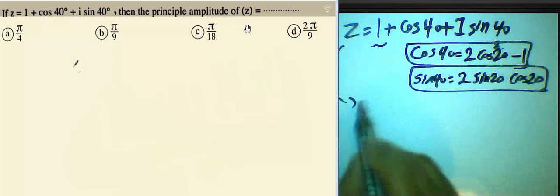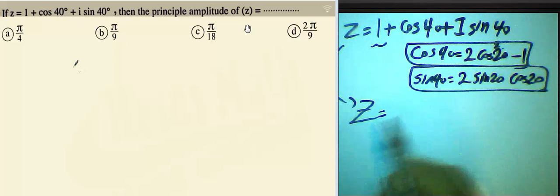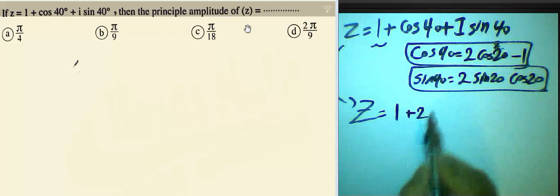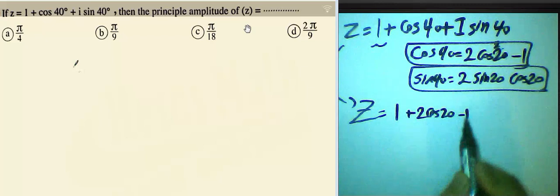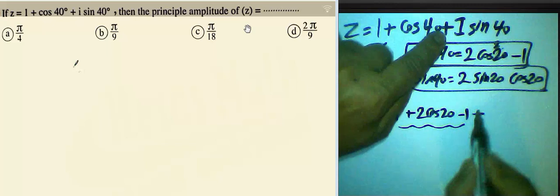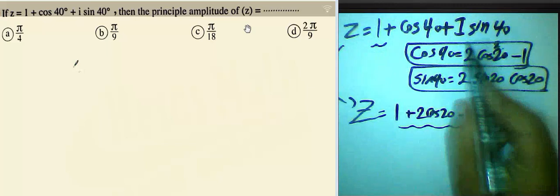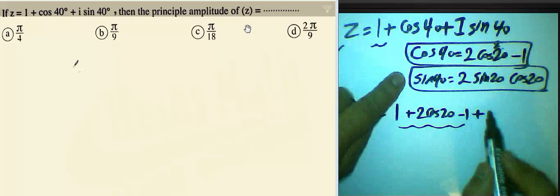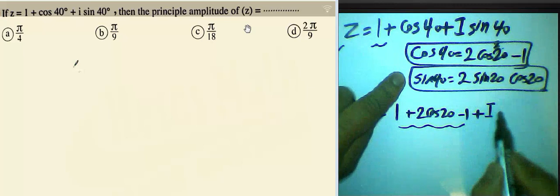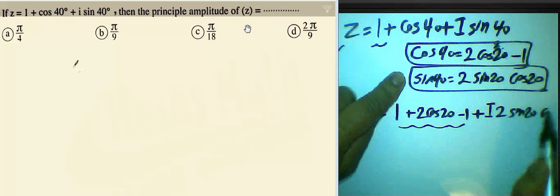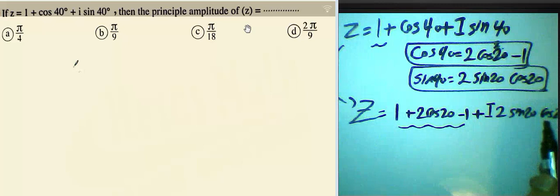So we can simplify: z equals 1 plus cosine 40, where cosine 40 equals 2 cosine power 2 of 20 minus 1, plus i multiplied by sine 40, which equals 2 sine 20 cosine 20.